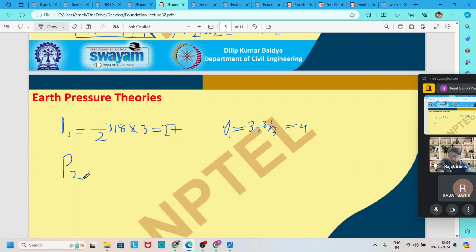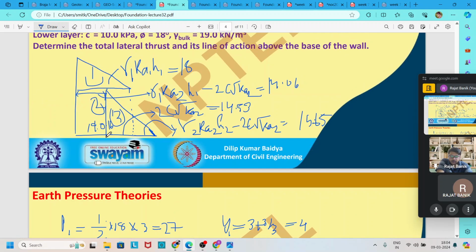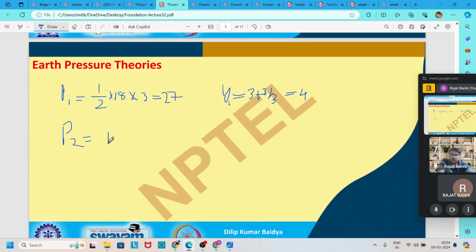P2 is this area from here to here, 14.06 into the height 3, and it becomes 42.18. And y2 is h2 by 2, that is 3 by 2, which is 1.5 from the bottom.